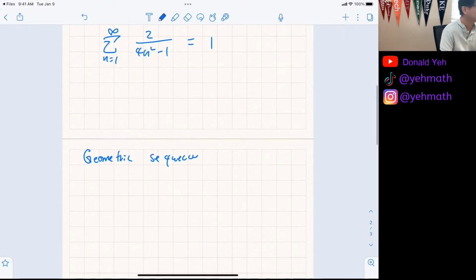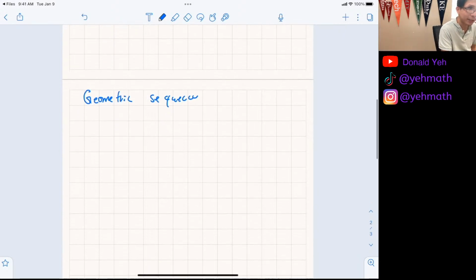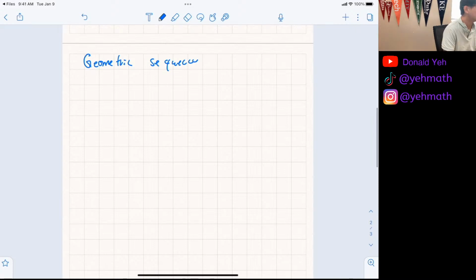A geometric sequence, right? What is a geometric sequence? It's like if you have some type of bacteria that doubles each time, so you get 1, 2, 4, 8, 16, and so on. That is a geometric sequence.